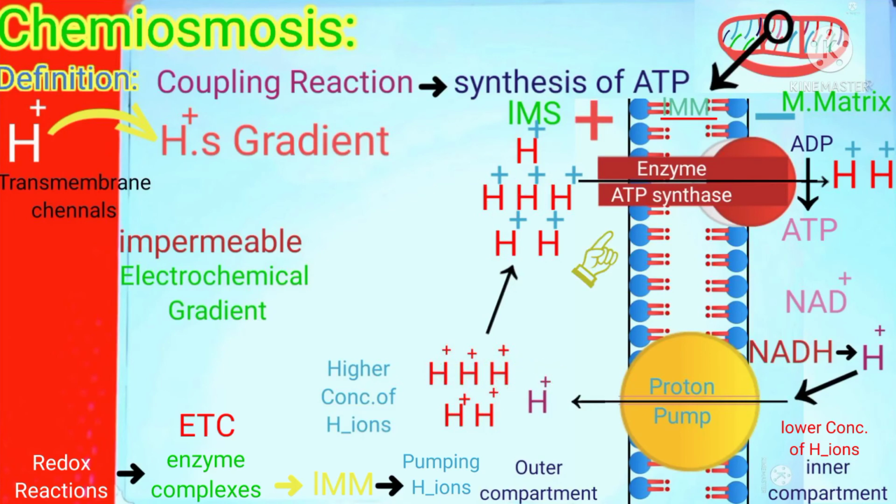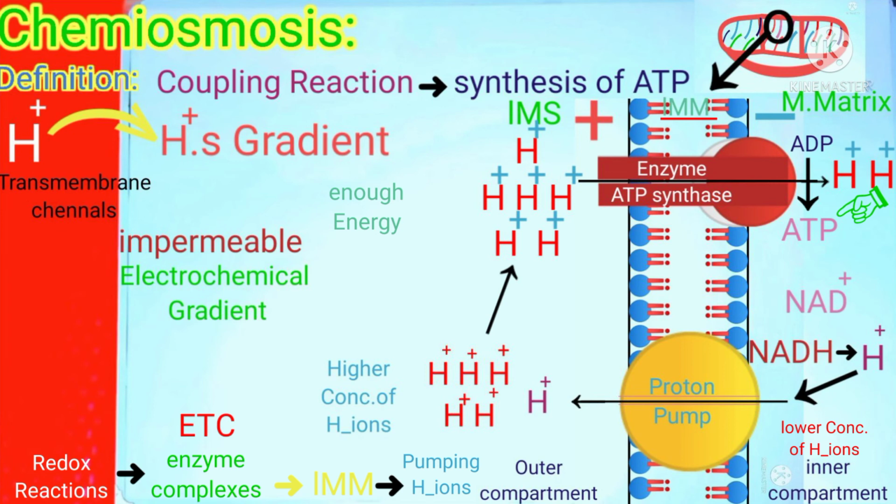This enzyme is present in the inner mitochondrial membrane and utilizes the movement of hydrogen ions from the intermembrane space, which has a higher concentration, to the mitochondrial matrix, which has a lower concentration, to produce enough energy. This energy is used to phosphorylate ADP to ATP.